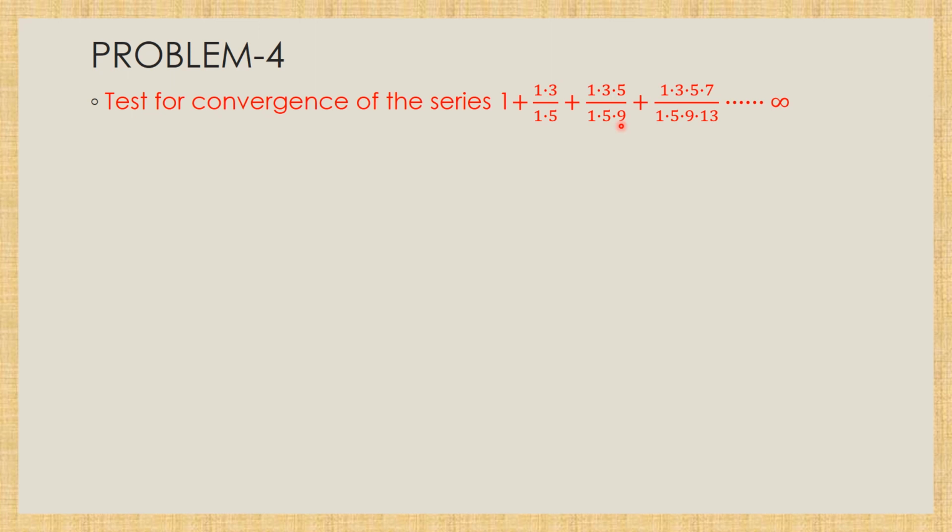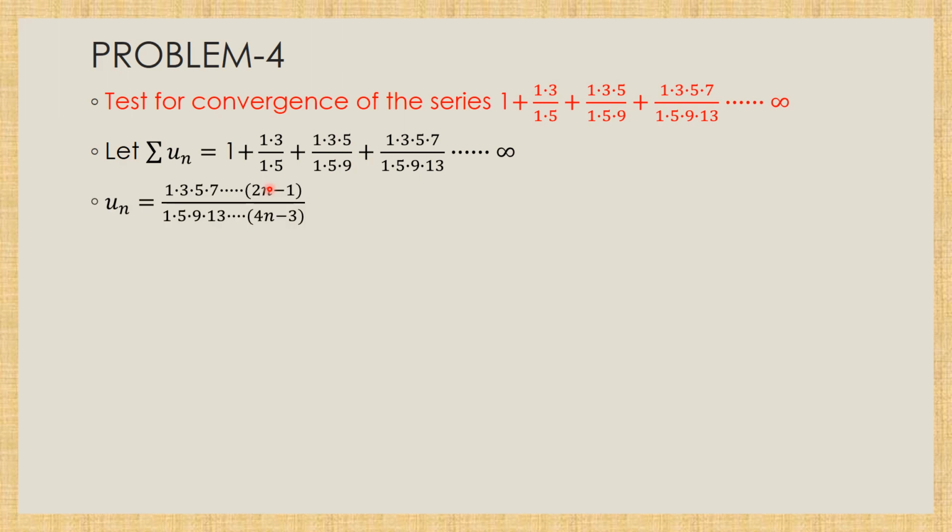So in the nth term, the expression 1 into 3 into 5 into 7 etc. will be there. To write the last term in the nth term, we write un as 1 into 3 into 5 into 7 into etc. 2n minus 1. We get this last term by using the property of arithmetic progression, because here 1, 3, 5, 7 are all in arithmetic progression.